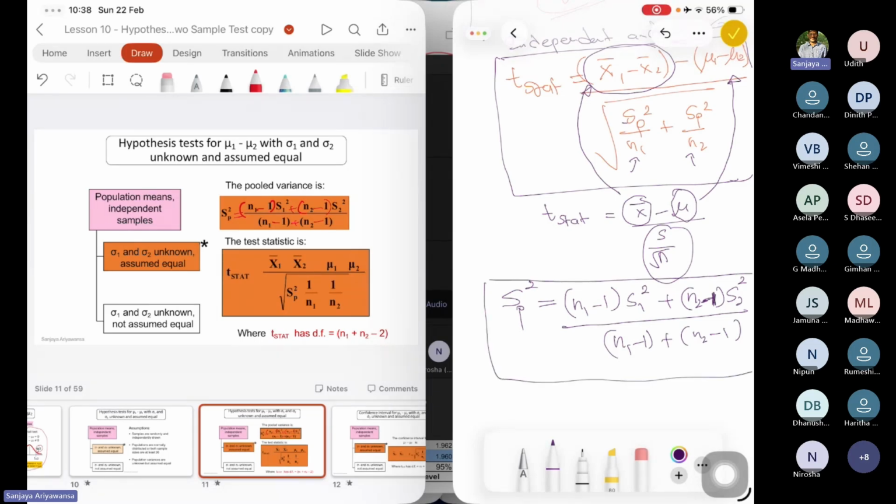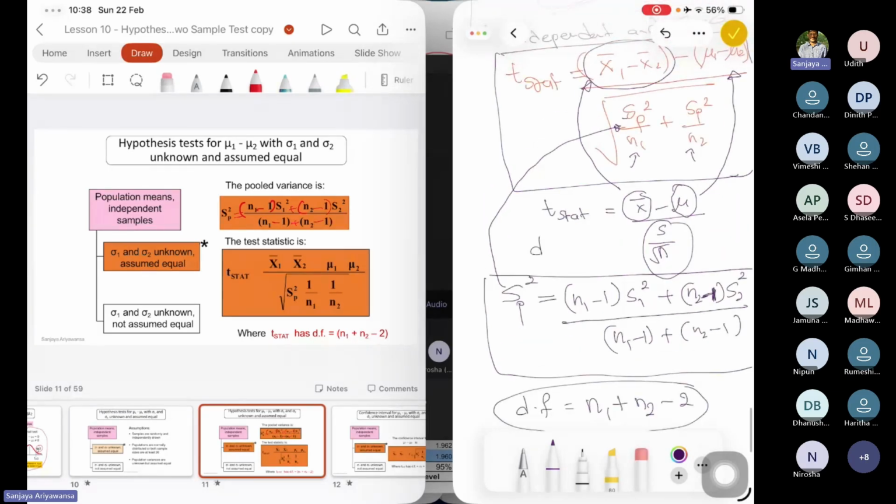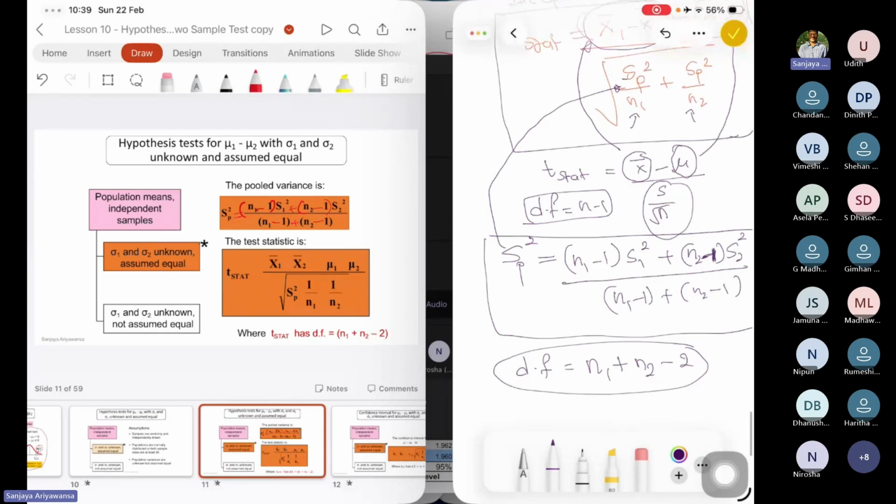So first you calculate this pooled variance, then substitute it here to calculate the t-test statistic. Because we are calculating a t-test statistic, we have degrees of freedom, which in this case is n1 plus n2 minus 2. In our one sample case, what was the degrees of freedom? n minus 1. But here we have two samples, so we add the two sample sizes together and deduct 2.